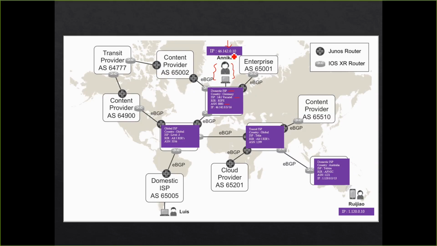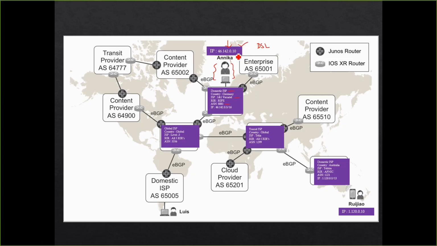Okay. And who is giving this public IP address to Anika? It is the domestic ISP. Versatel is giving this IP address to Anika. So how do they give it? Anika is probably having a DSL connection. And as soon as she switches on her DSL router in her house, she gets connected to the 1&1 network, the domestic ISP, and they are going to assign her an IP address.